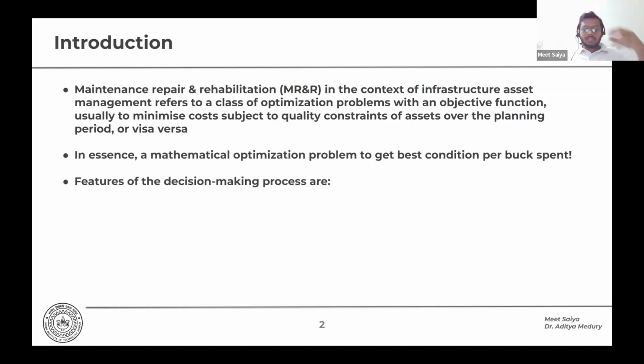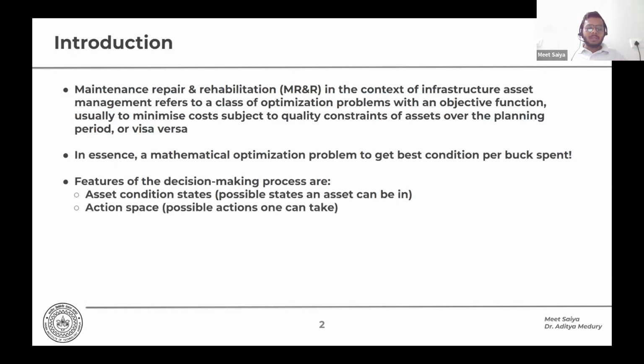And there are some features in the decision-making process. First is asset condition states. So we ought to have some condition states with which we can measure how good or bad the asset is. Then we have the action space, the possible maintenance actions that we can do. It can range from do nothing to reconstruction, so the spectrum of maintenance actions.